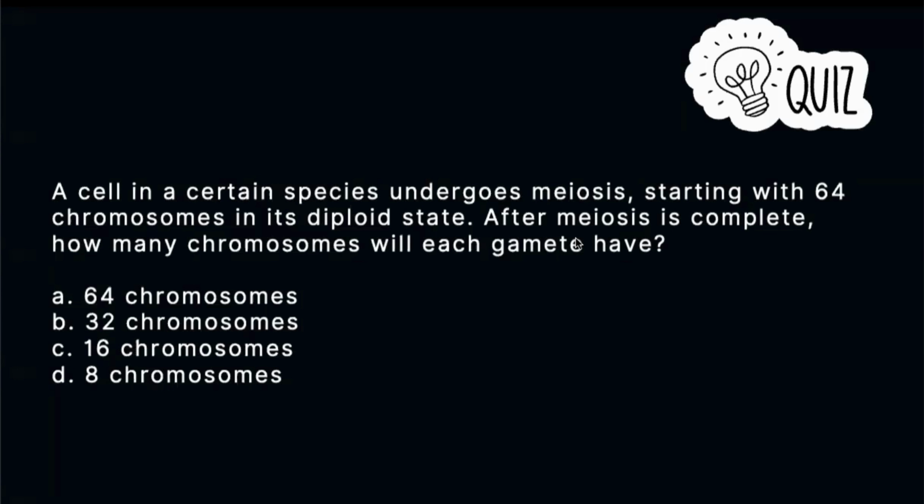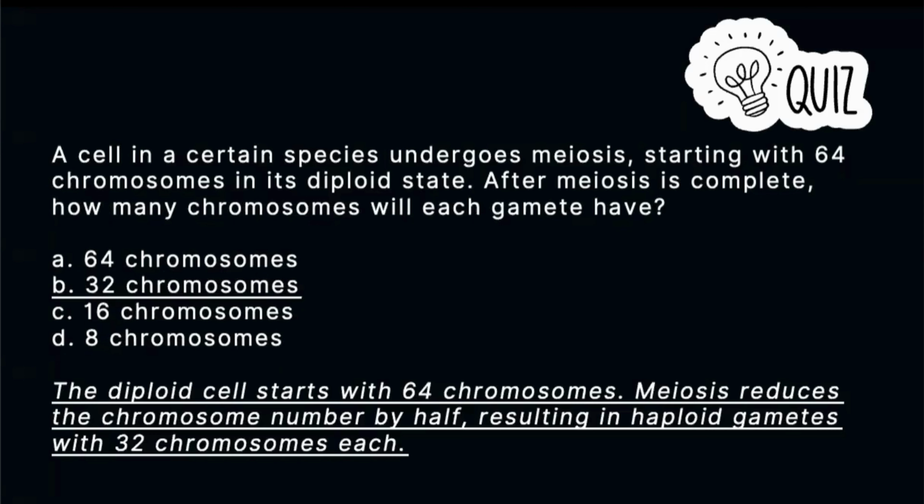Because we have haploid in gametes. So because there's 64 chromosomes in the diploid state, they're going to have half the chromosomes in that haploid state since we're talking about gametes. So the correct answer in this case would be B, 32, because we take 64 divided by 2, which gives you 32. So there's 32 chromosomes in the gametes.